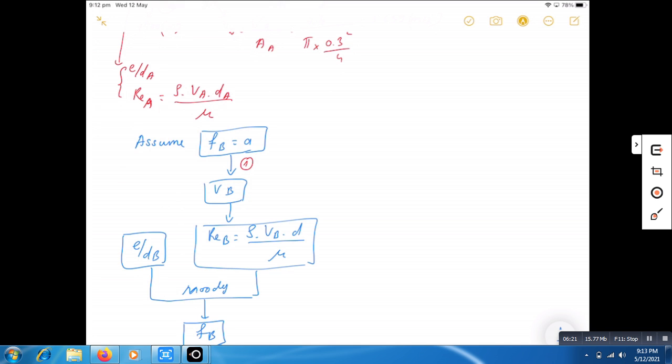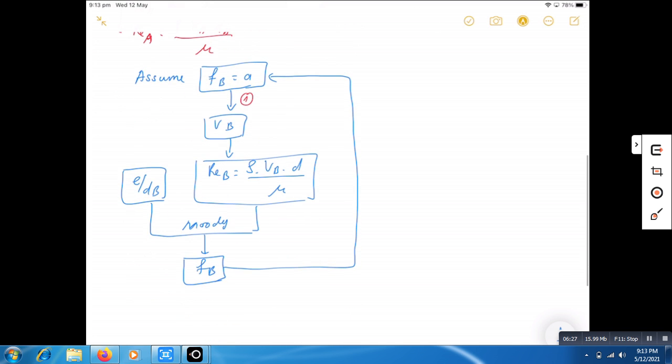This will be the input for the next loop. You can stop if the difference between fB at the end and fB at the beginning of the loop is smaller than 10%. 10% is accepted for fluid mechanics, and if the difference is smaller than 5%, it is very good.